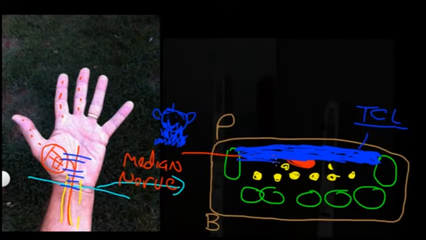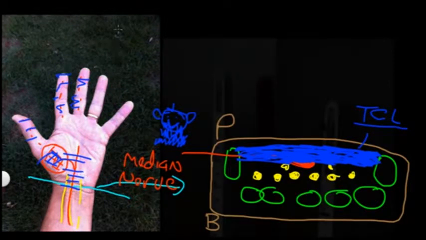It can thin out and squeeze that median nerve until only a teeny little sliver of the median nerve is left. And what happens when that happens? Well, you start getting numbness of your thumb, your index finger, and your middle finger. You can start getting weakness of the muscle over here.